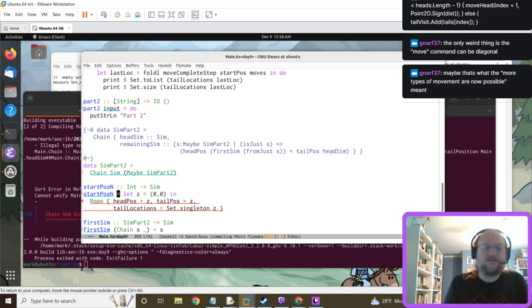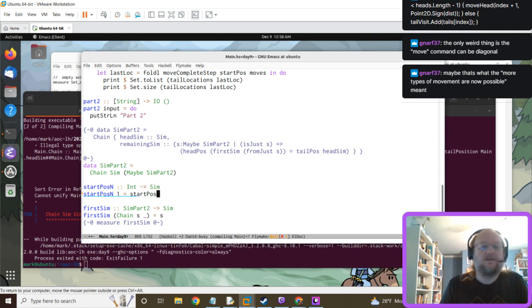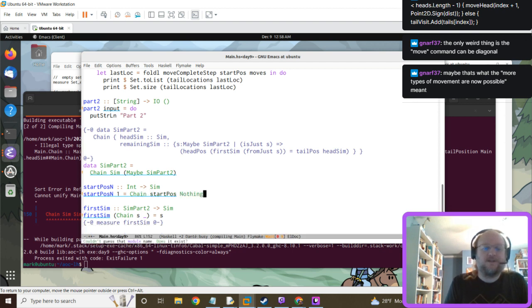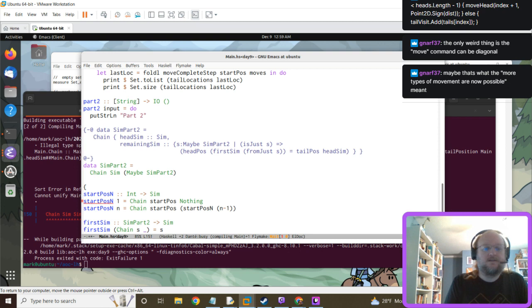All right, so if it's 1, then it's a chain of start position with nothing. So assume part 2.